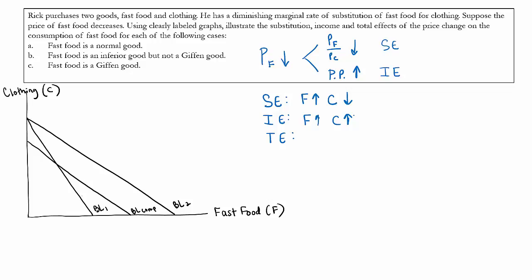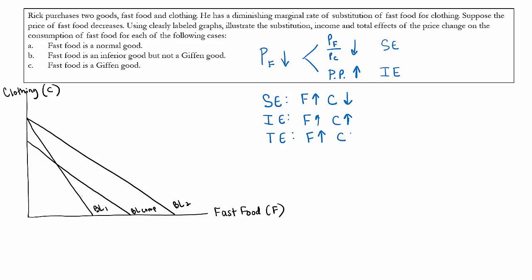Now, for fast food, the total effect is unambiguous. He both wants to substitute towards fast food because its opportunity cost is lower, and he feels richer and fast food is normal, so he wants to buy more because of that too. The total effect on fast food is necessarily for Rick to buy more fast food.